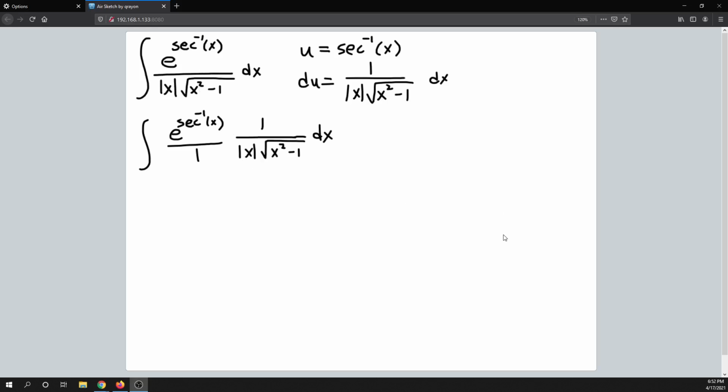So they are equal to each other. And anything over 1 is itself, so you don't really need to write that over 1.